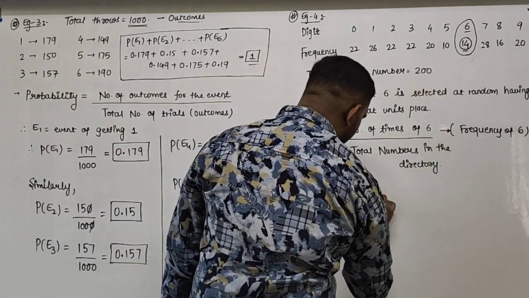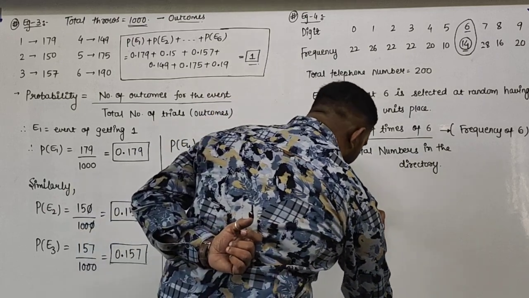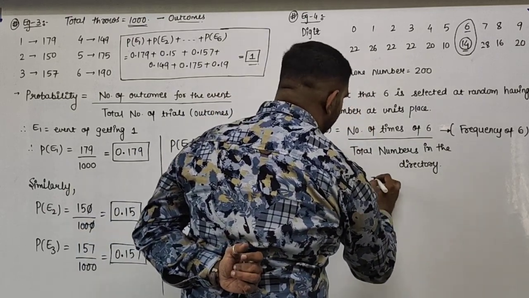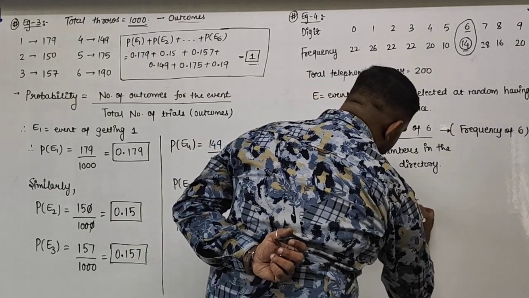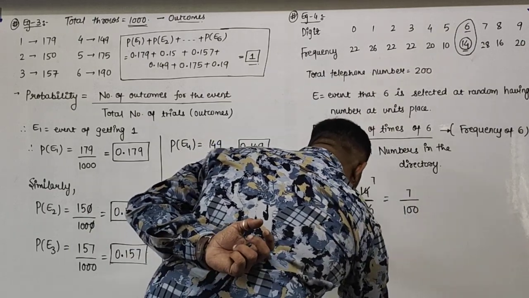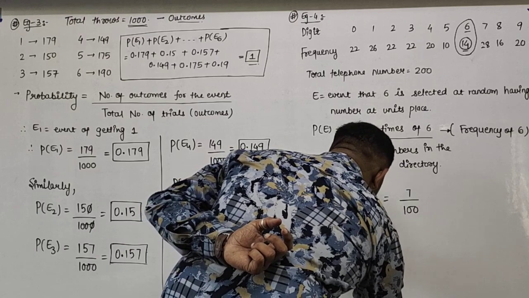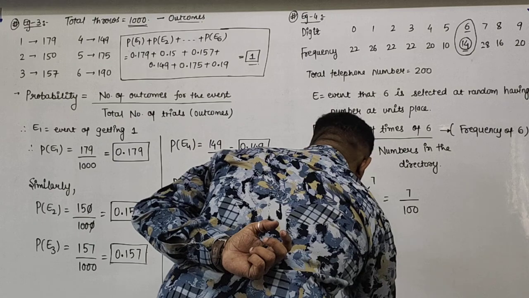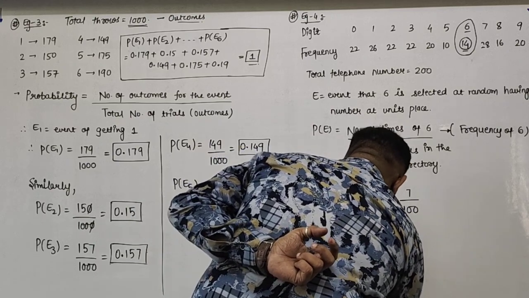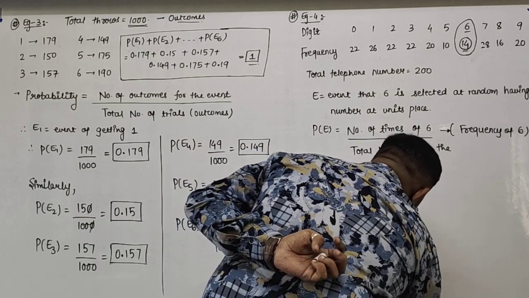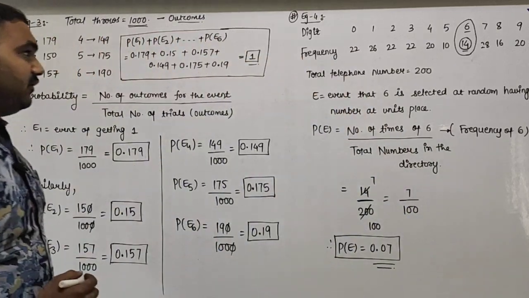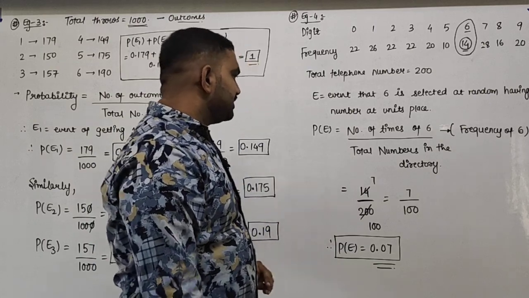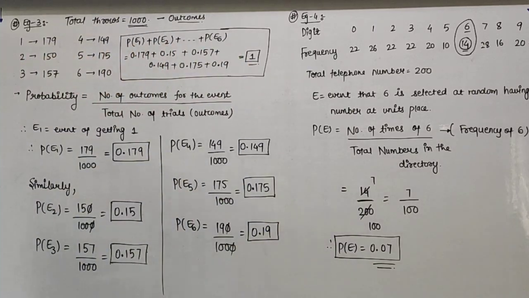We will just replace it: 40 divided by 200. We can cancel by 2: 2 into 100, 2 into 7, that is 7 upon 100. Or you can say the probability of E is 0.07. And that gives you the probability of the event E. The probability of event E is 0.07.